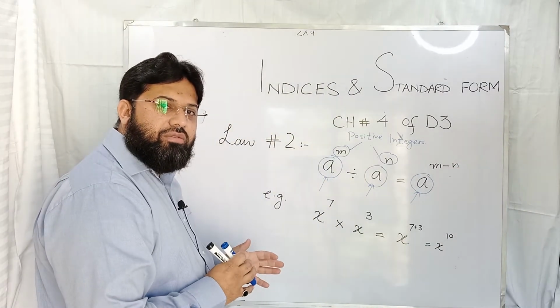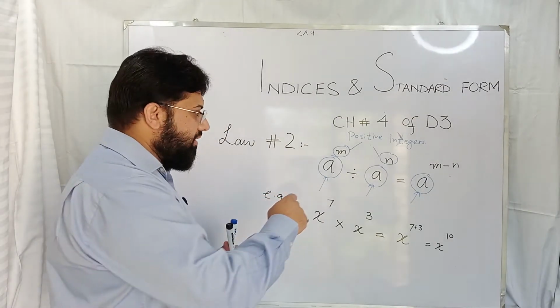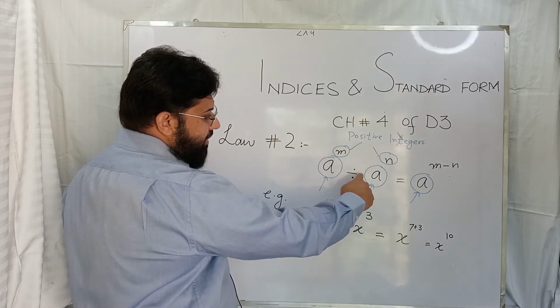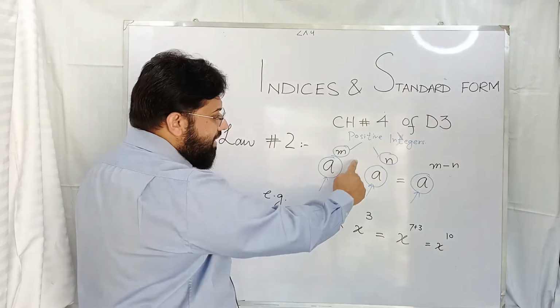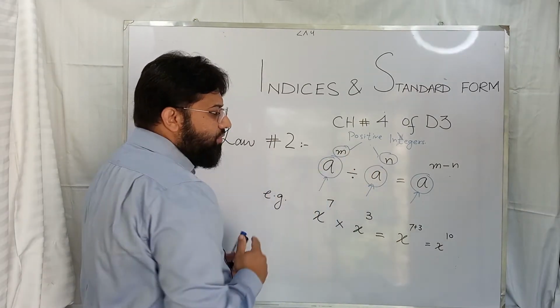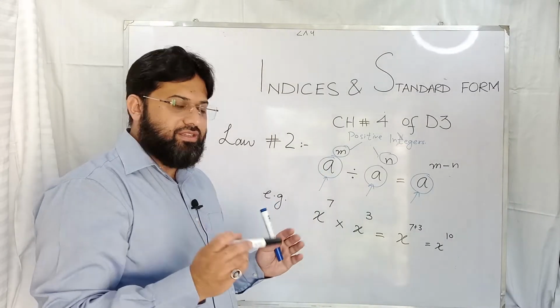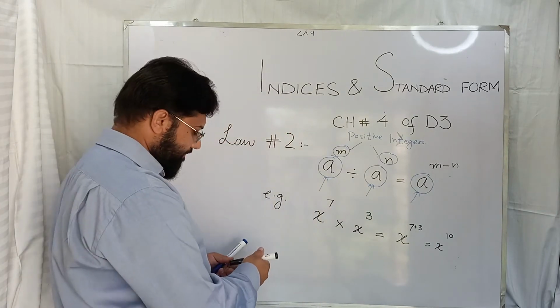See, law number 1 has been converted to law number 2. Very simple. When both the bases are same but their powers are different or their indices are different, we call them indices, or power, it is one and the same thing, their powers are subtracted. This is the law.